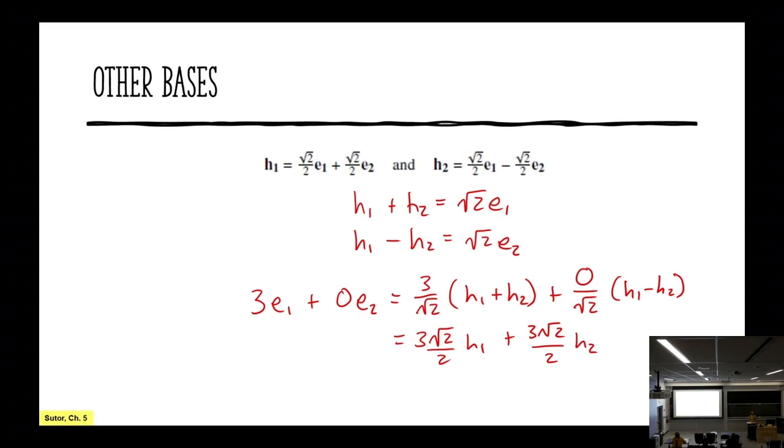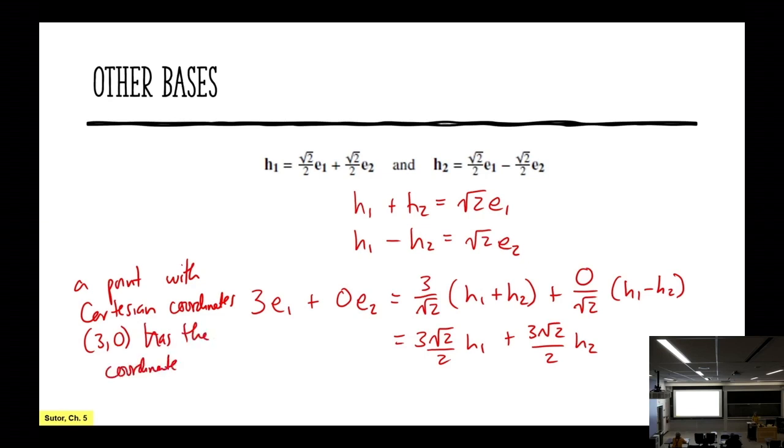So what this means is that a point with Cartesian coordinates (3, 0) has the coordinates (3 square root of 2 over 2, 3 square root of 2 over 2) when we're using the basis H1 and H2.